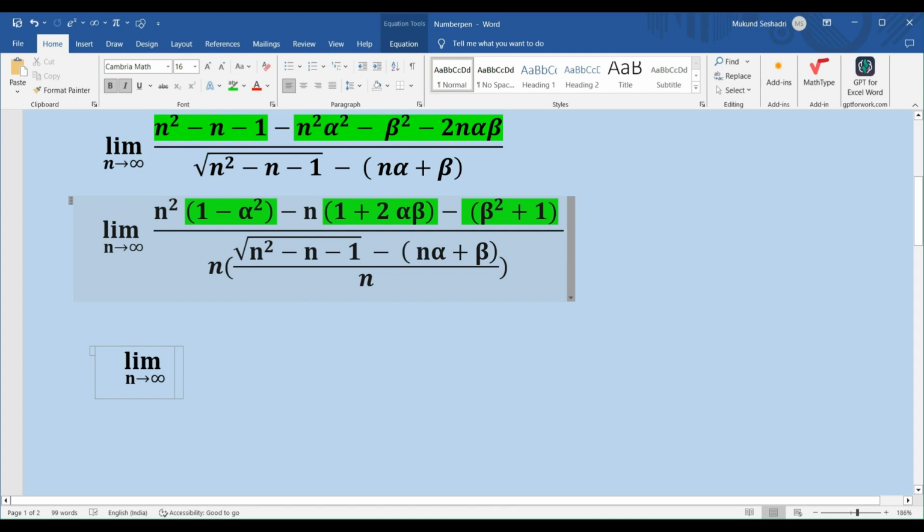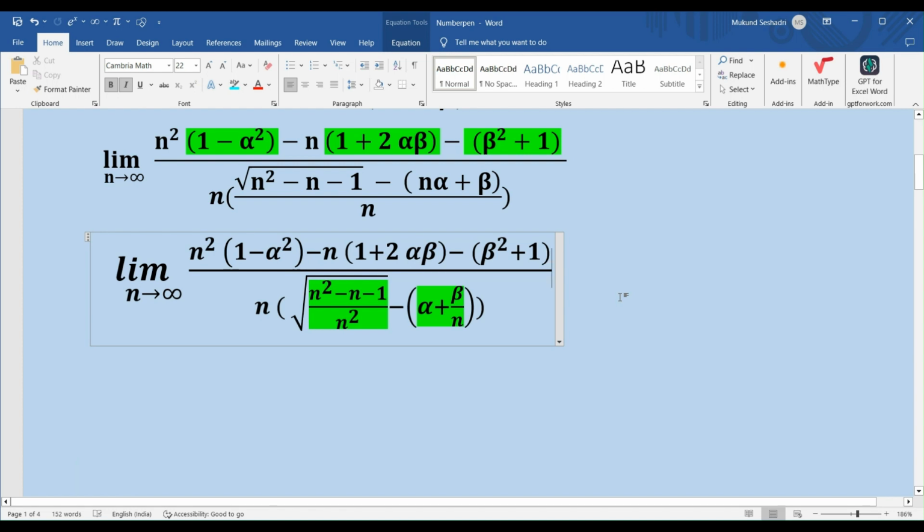And similarly, when I take this n and divide n alpha plus beta by n, I get alpha plus beta by n. So this is what we get once I take the n square inside the square root, which is what you see in the denominator right now.